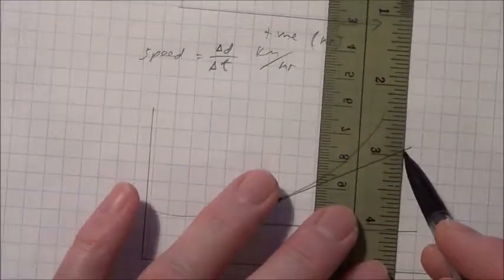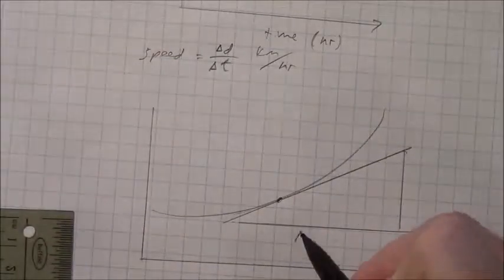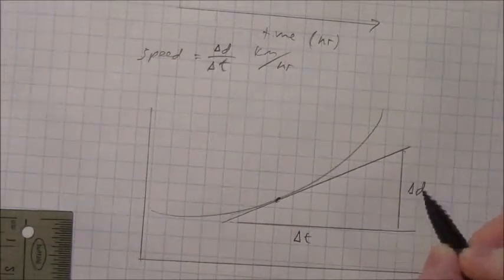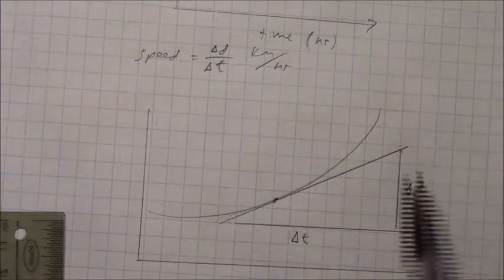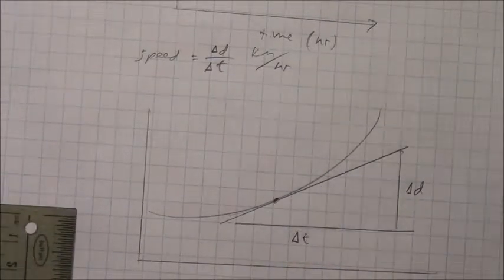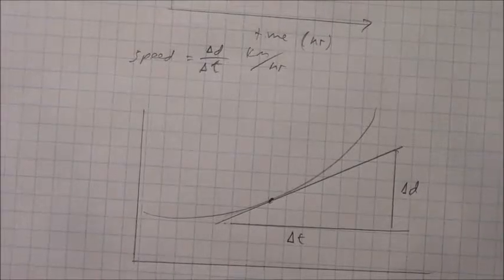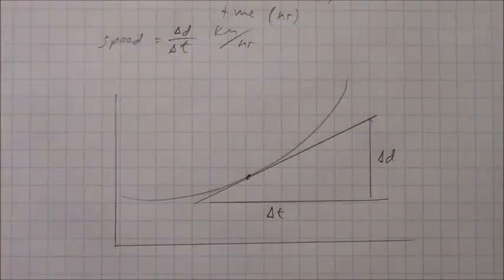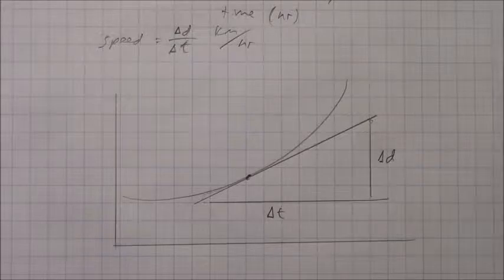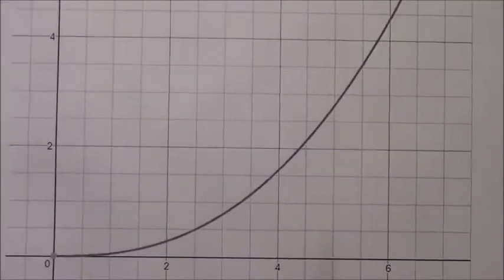We'd be looking at the change in distance over the change in time for a tangent to the curve, and that gets a little bit more complicated, but we'll take a look at that in more detail in a moment. Okay, so now I'm going to take a look at a curved function, and we'll see how all this pieces together and how calculus gets formed here.